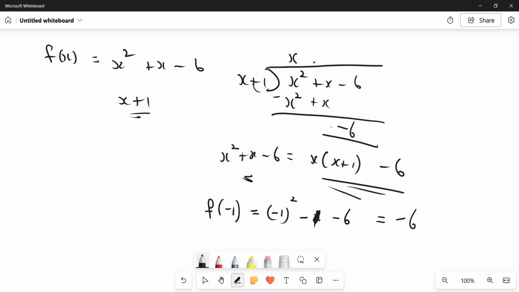So we can actually find the remainder without having to do this long division too. You see? So with the factor theorem, we can know if it's a factor, but we can also find the remainder, right? We don't have to do that long division. We can actually find the remainder using what we later on refer to as the remainder theorem, right?